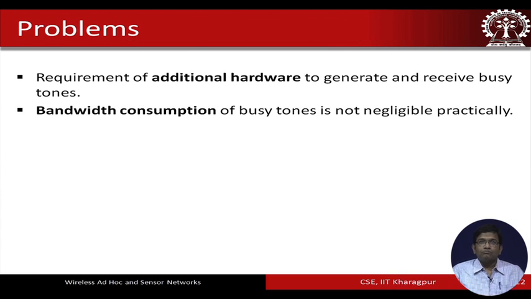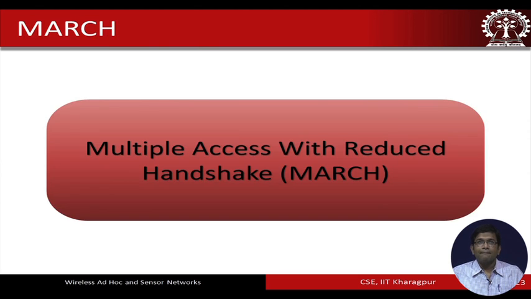There is a requirement of additional hardware to generate and receive busy tones, and the bandwidth consumption of the busy tones, as I said a few minutes back, is not negligible practically. So, the overhead is going to increase.